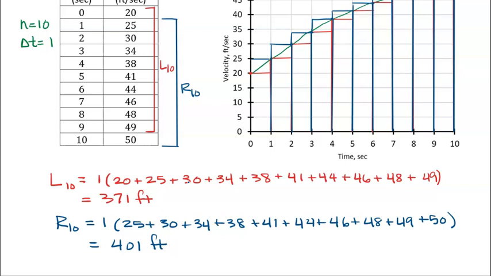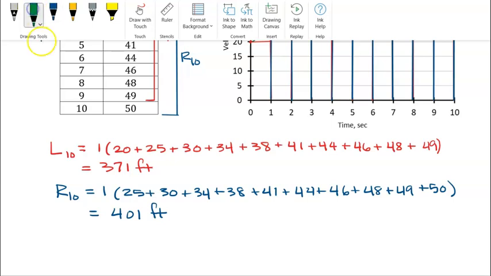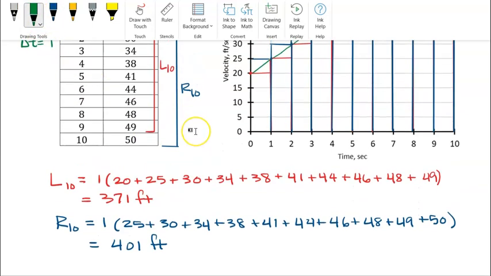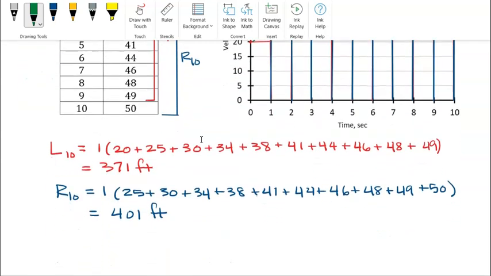Now, again, I can average these two if I want to get a little bit better estimate, because I know it's got to be somewhere in between. The left-hand sum is an underestimate because the velocity is increasing. The right-hand sum is an overestimate.